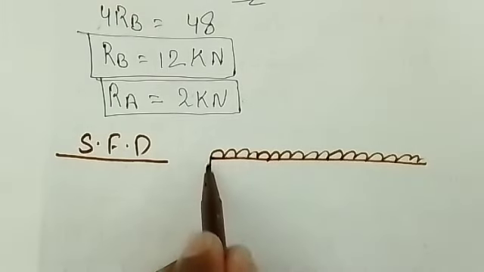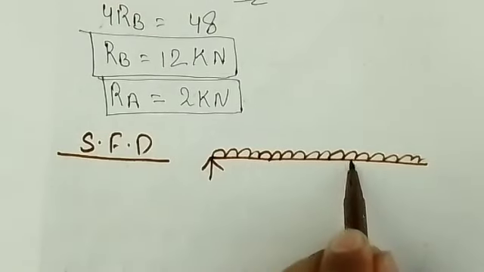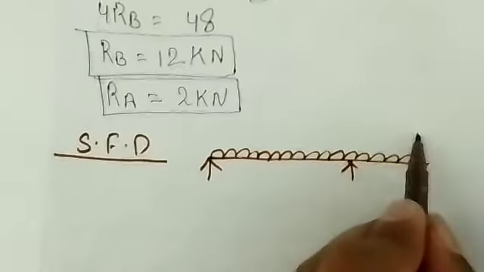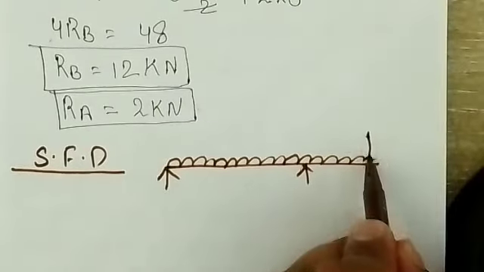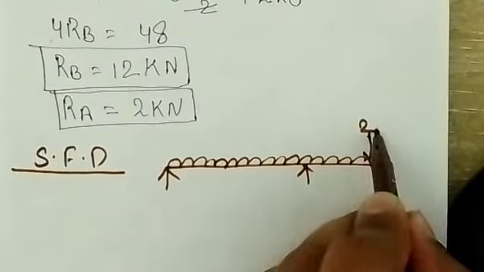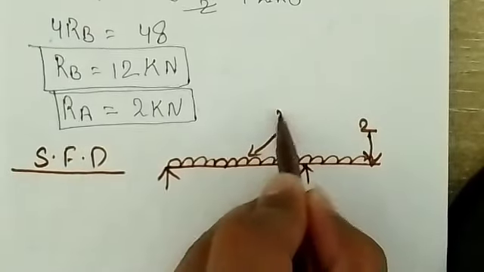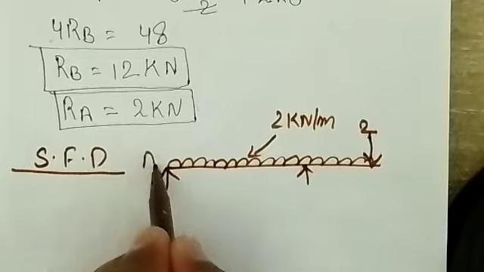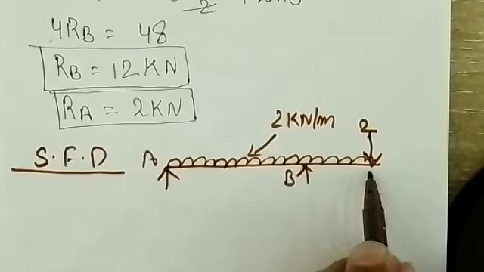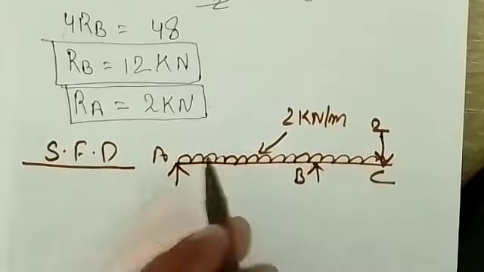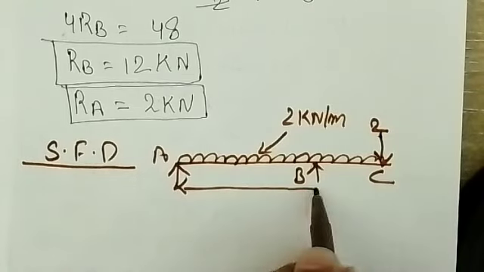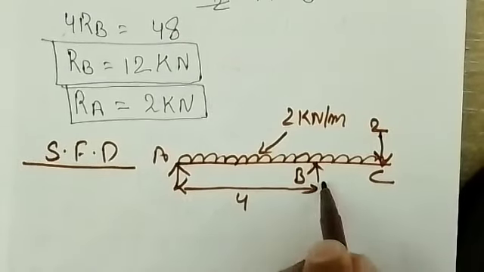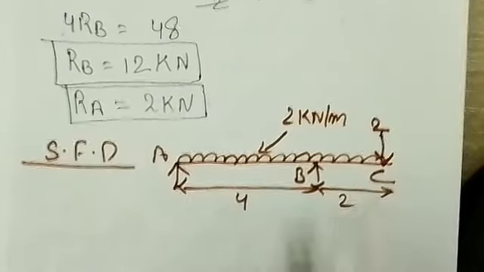Here you have one support and here another support, and the point load acting is 2. This is also 2 kilonewton per meter. This is your A, B and C. This distance is 4 and this distance is 2.